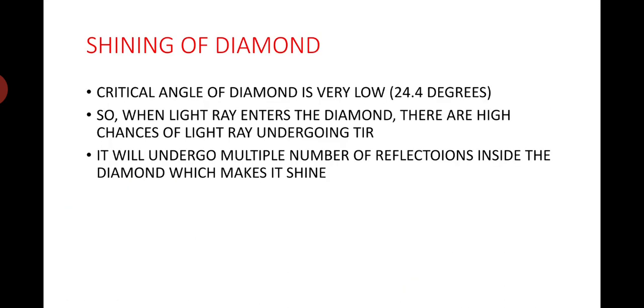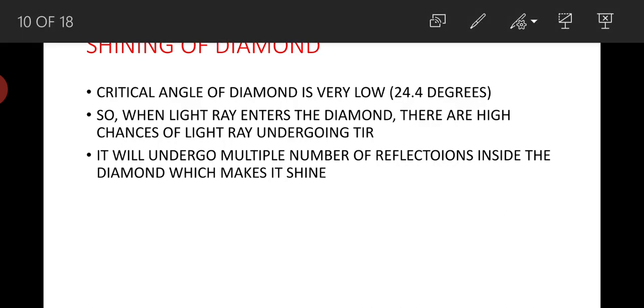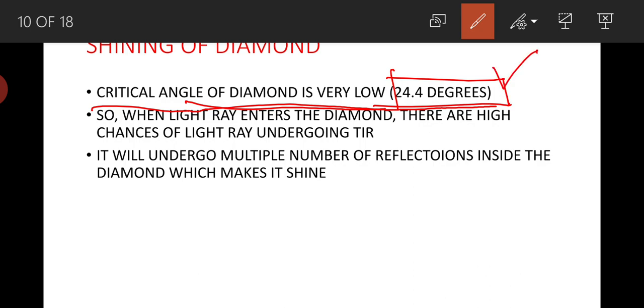Because of these multiple reflections, the diamond will shine like anything. So the basic reason is the very low critical angle of diamond. For diamond, the critical angle is very low, around 24.4 degrees, and this low critical angle is because of the high refractive index and sharp cutting of the diamond. So when the critical angle is very low, at whatever angle light enters, it will undergo total internal reflection.